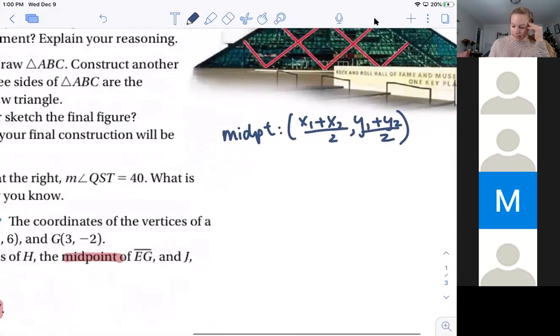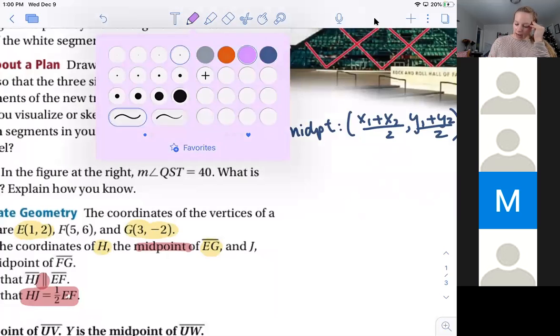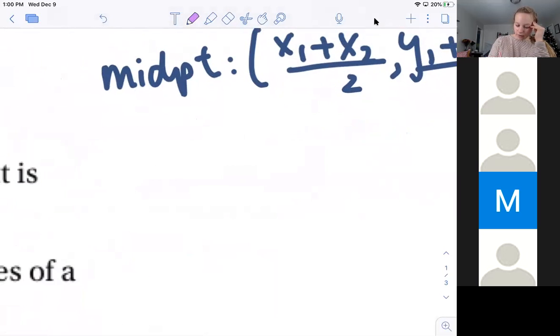All right, so midpoint is this formula, and we need to find the midpoint of EG, that's H. So I'm going to use (1, 2) and (3, -2). We do the average of our x's and the average of the y's.